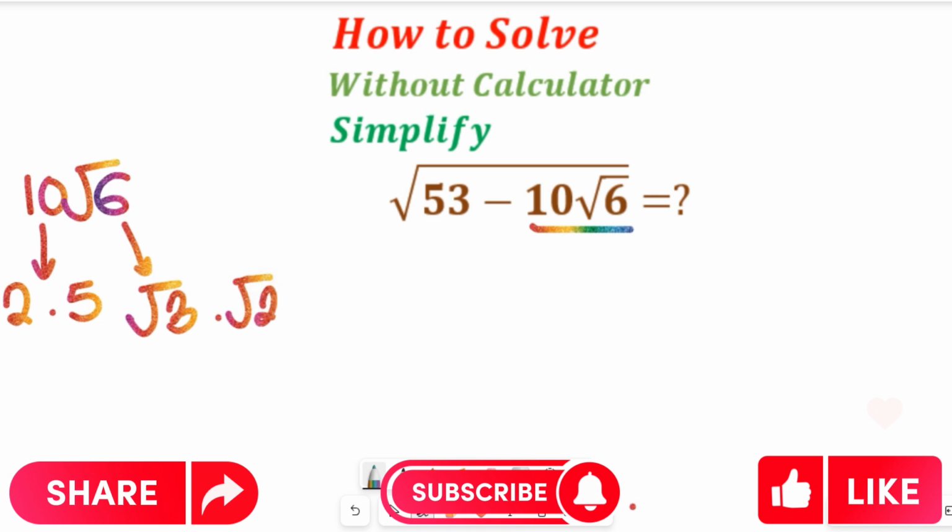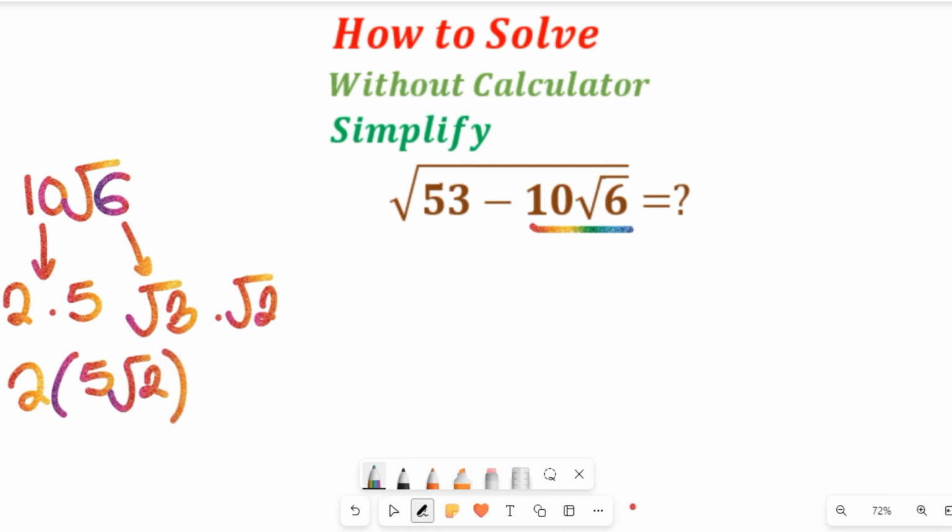So we can regroup these expressions to give us 2 multiplied by 5 root 2, right? I've not changed anything, and this will be multiplied by root 3.